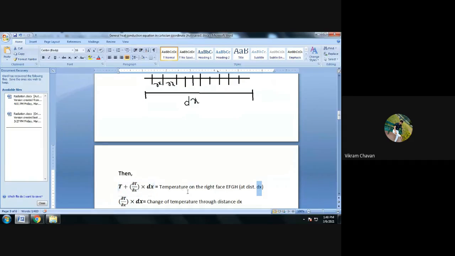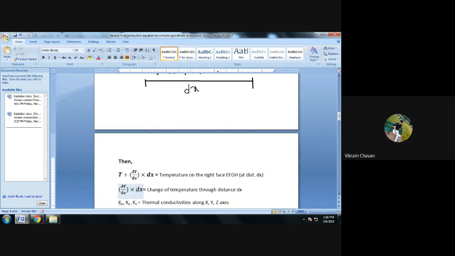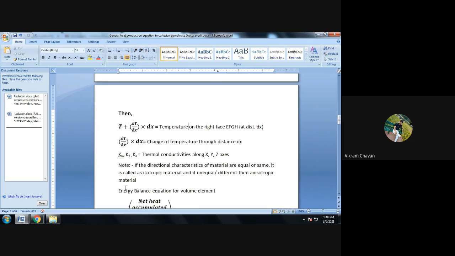Okay, so the temperature on the right face EFGH will be T plus dT divided by dx multiplied by dx, and the change of temperature through distance dx will be dT divided by dx multiplied by dx. That will be the change of temperature through distance dx.